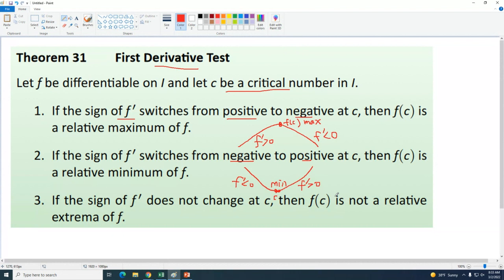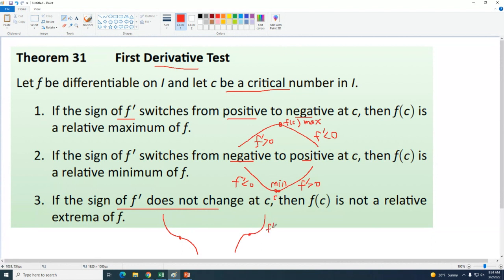Now rule number 3 says that if the sign of the derivative did not change, what do we mean? It means it's decreasing and then decreasing, or increasing and then increasing, such as the cube function.